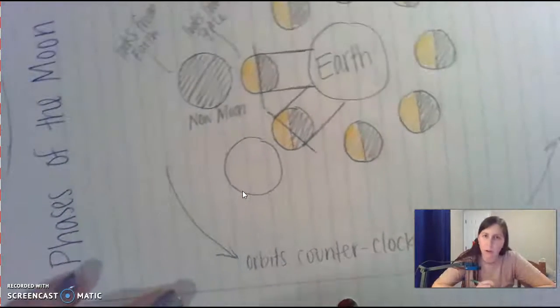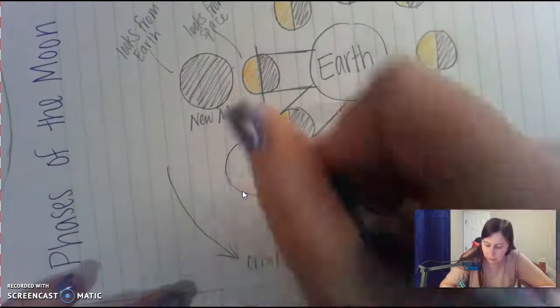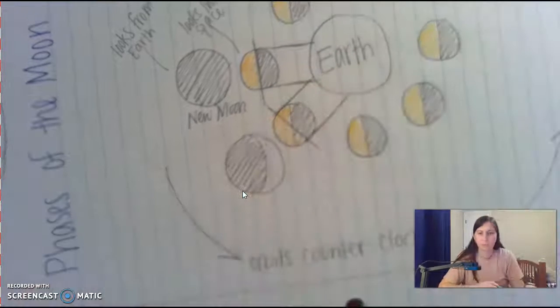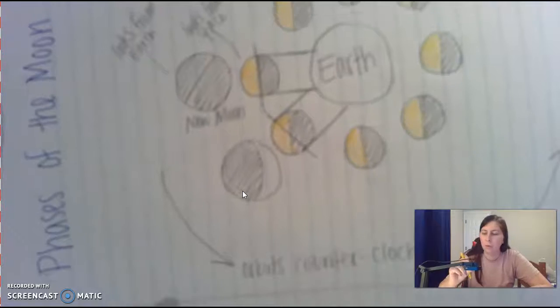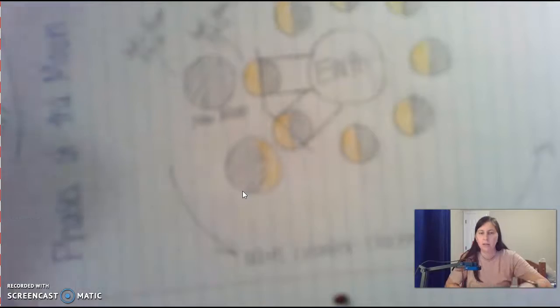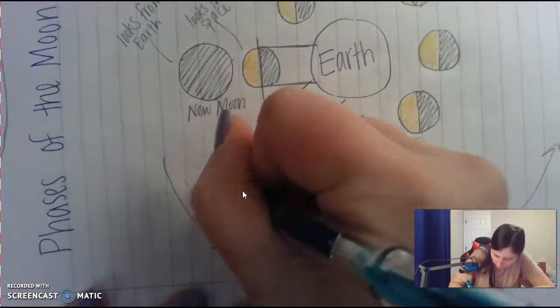Now when our moonlight looks like this from Earth, we call this a waxing crescent.